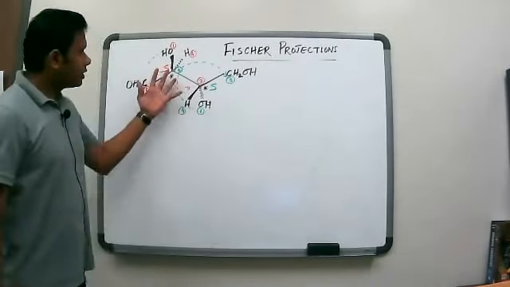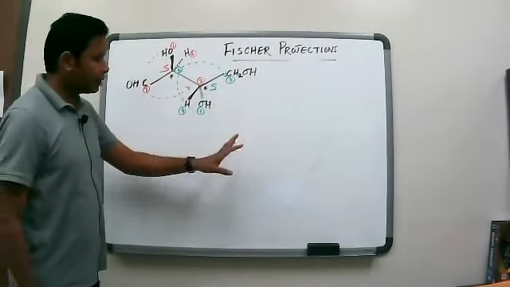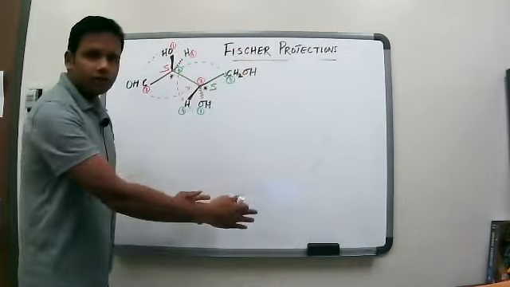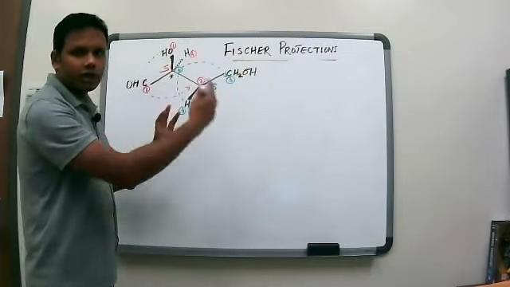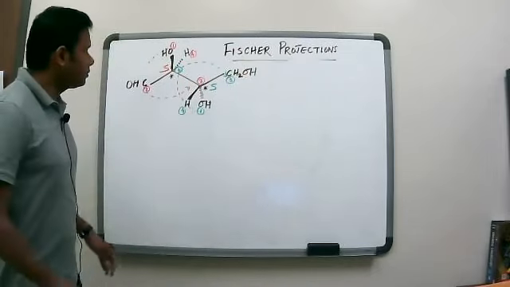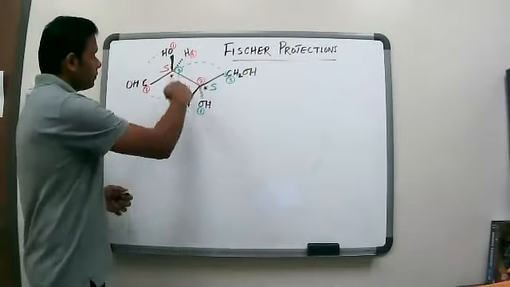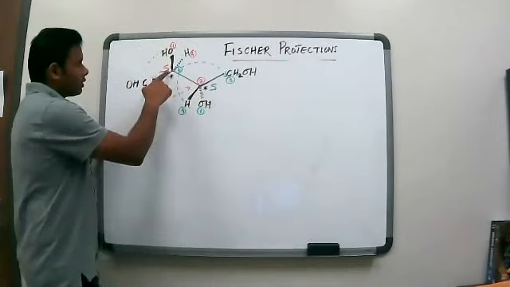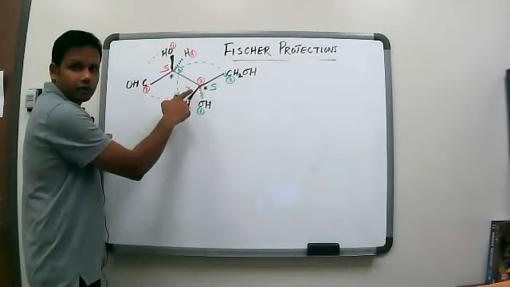Now, we're going to convert this molecule into a Fischer projection. So that is all we're going to do on this board here. And then we'll take the Fischer projection and we'll try to draw its enantiomer and diastereomer and everything. Okay. So let's see. We have this molecule here. So there are 2 chiral centers in this molecule.